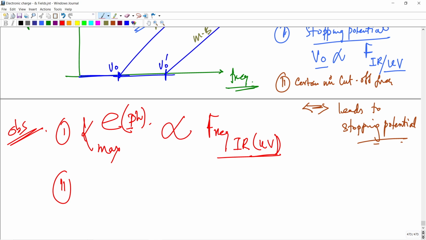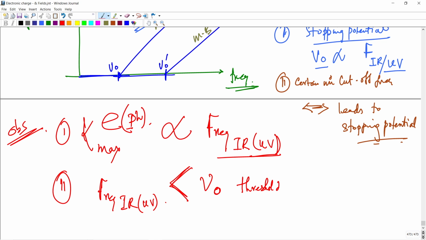Number two observation, very important: the frequency of incident radiation or UV ray must be greater than the threshold frequency. Actually, that's the minimum frequency needed for the photoelectric effect.